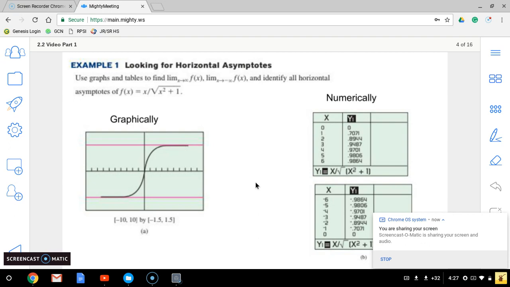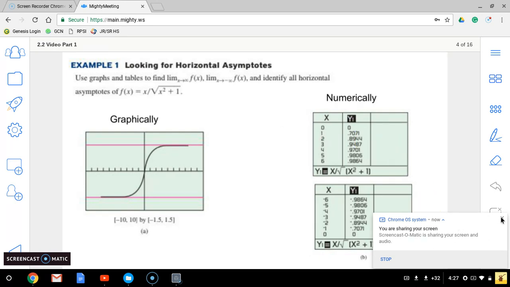Graphically, we can see that as we're going towards infinity, we are approaching that pink line, which is representing our horizontal asymptote. And as we are going towards negative infinity, we're approaching the pink line on the bottom, which is also representing another horizontal asymptote.